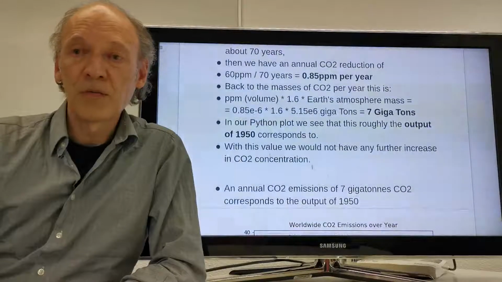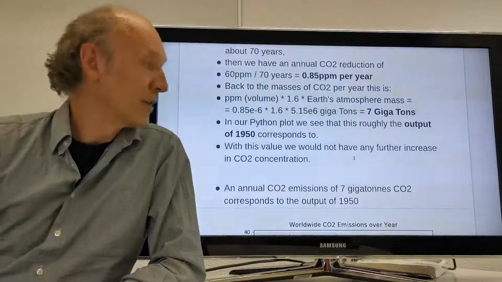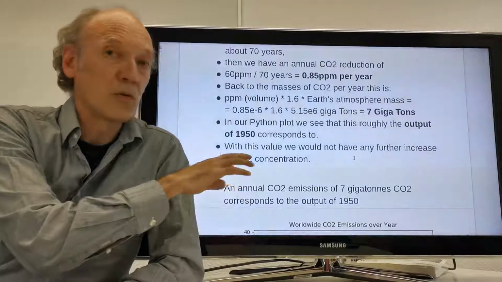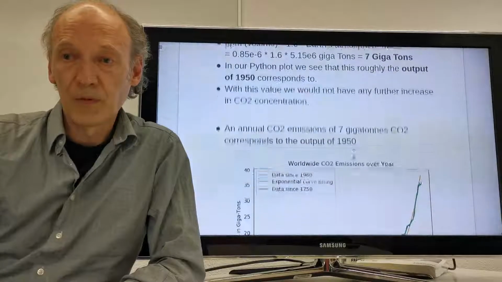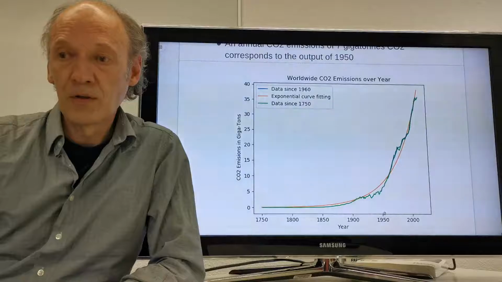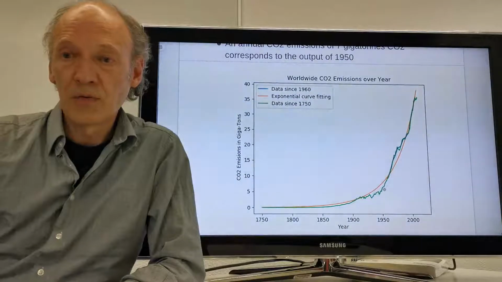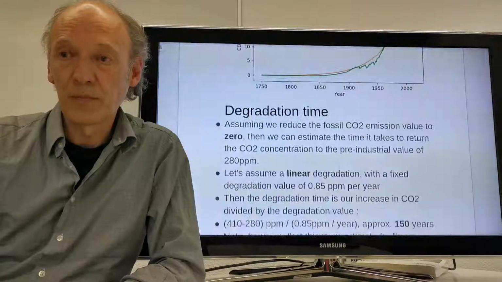So with this value of 1950 we would have no further increase in CO2 concentration because nature can absorb it. So here you can actually see it again. Here's 1950, and here we have roughly our 7 gigatons. Right? So this is where we actually should be.